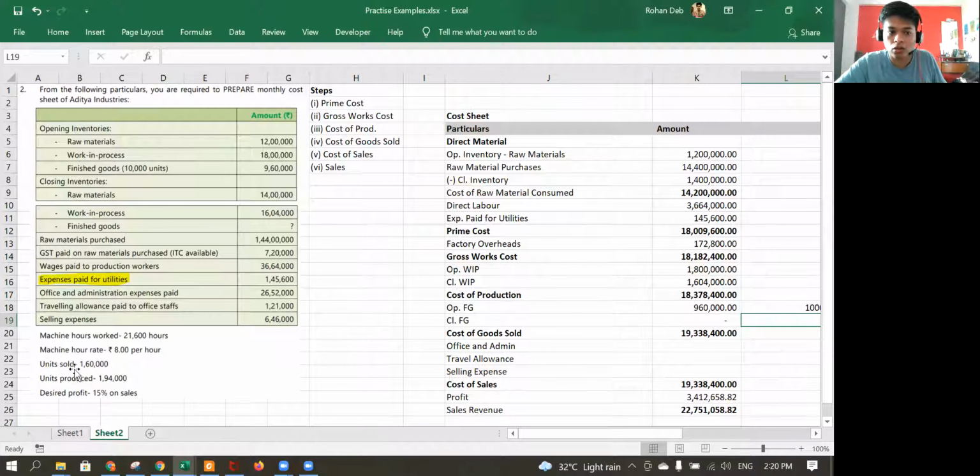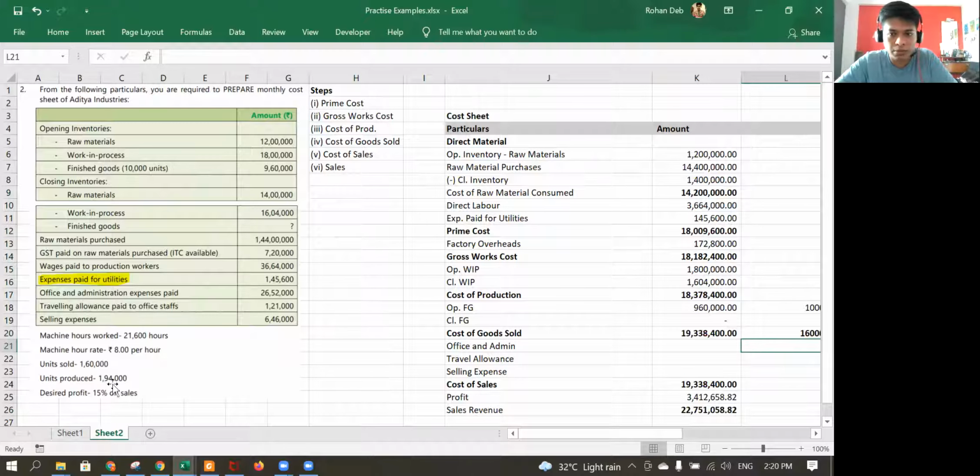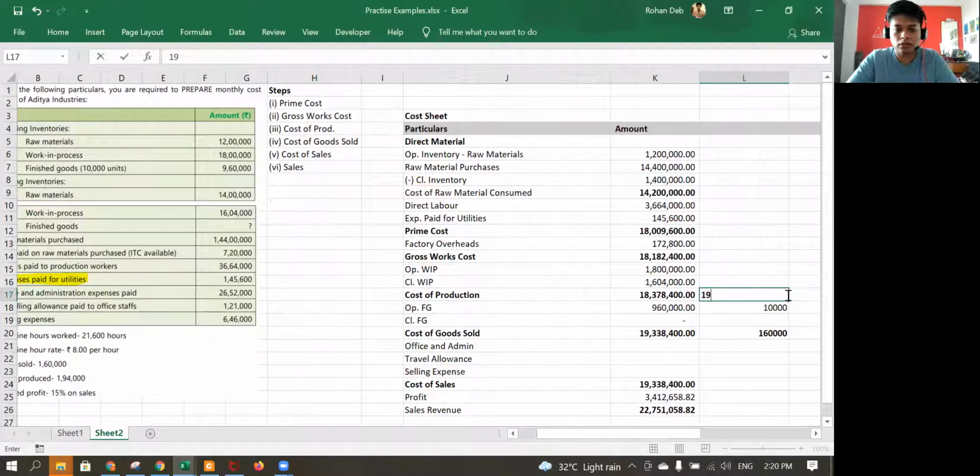Here I have units sold 1,60,000. So the number of goods sold is 1,60,000, and my units produced is 194,000. Okay, so this is my number of units.